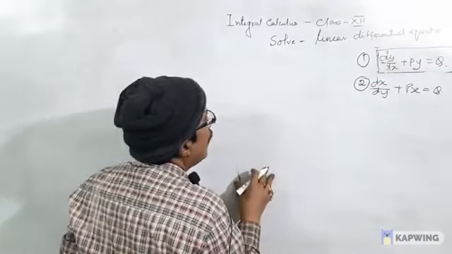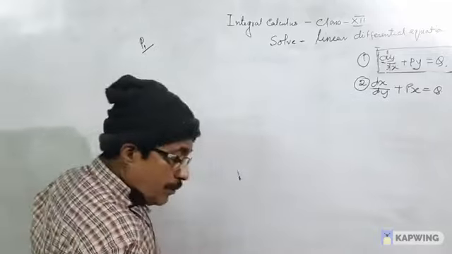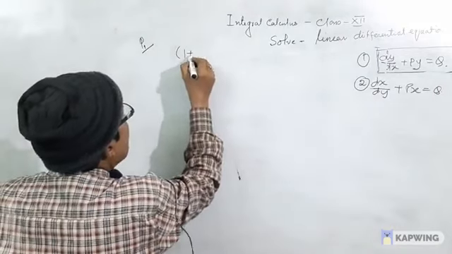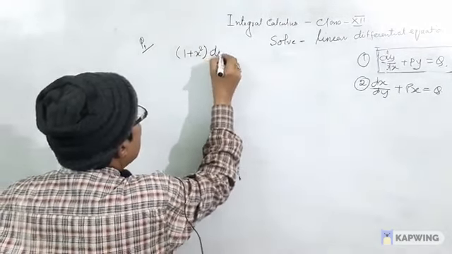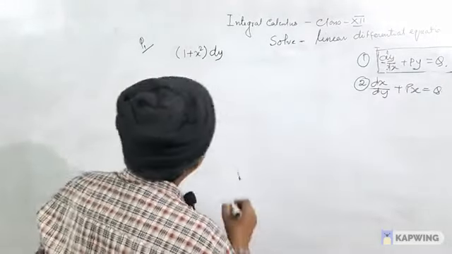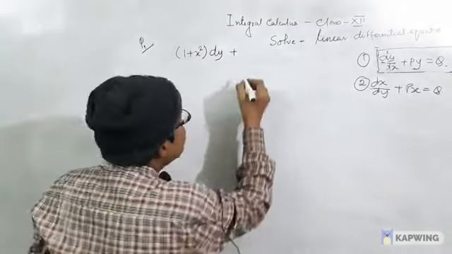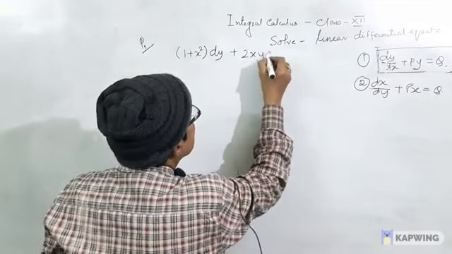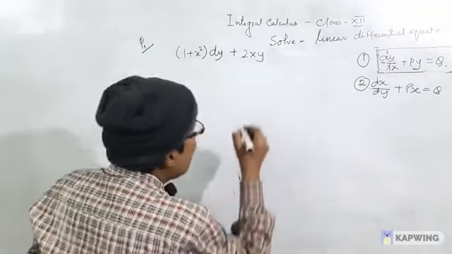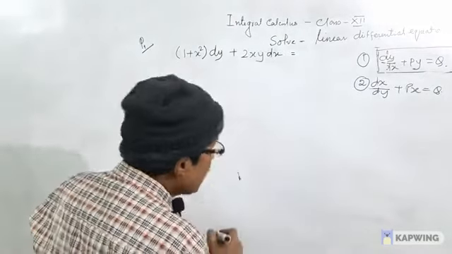Now, the problem for the class, problem 1. It is given: (1 plus x square) dy plus 2xy dx equal to cot x dx.